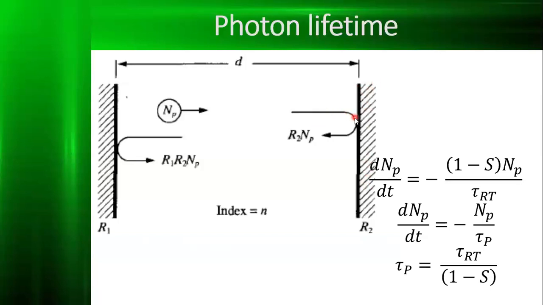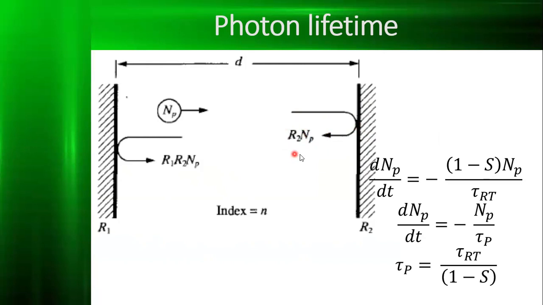Once they hit the second mirror, some of these photons will be transmitted outside the cavity, and a portion will be reflected back. The portion that is reflected is defined by the reflectance, R2. So the amount of photons still in the cavity is R2 times NP. For example, if R2 equals 0.8, then 20% of the photons escape outside the cavity, and 80% reflect back.